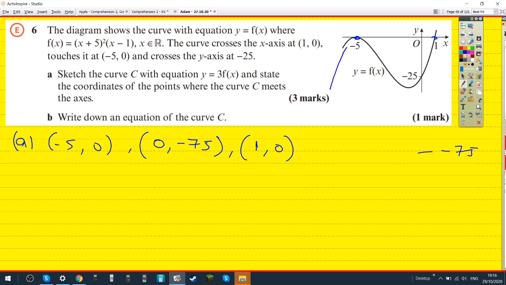B. Haven't they already stated the equation y equals 3f(x)? That's not an equation. What is f of x? This is the f of x up here.